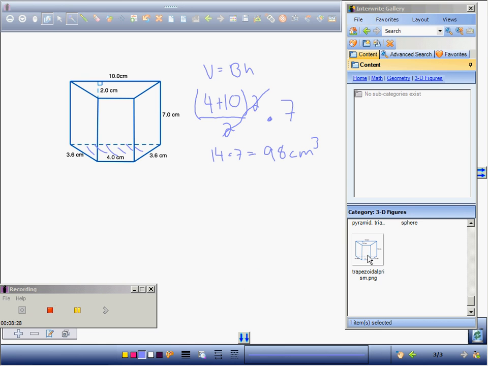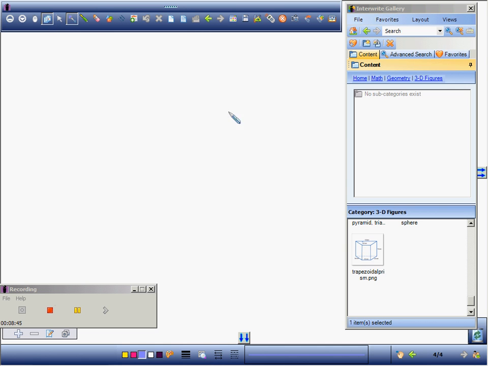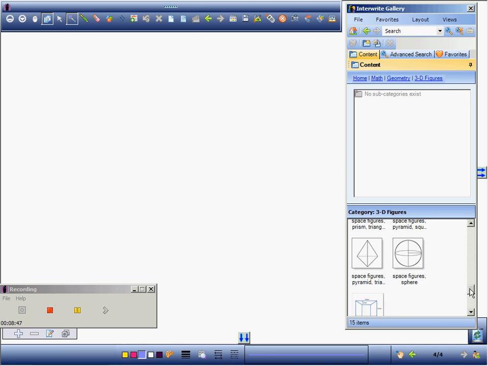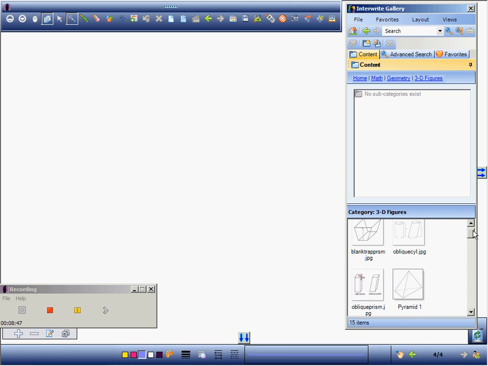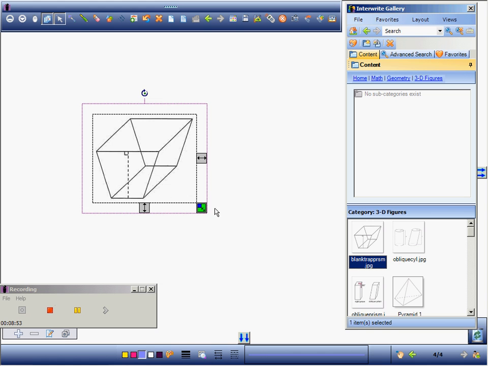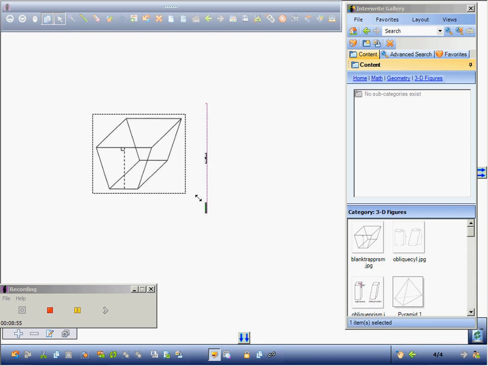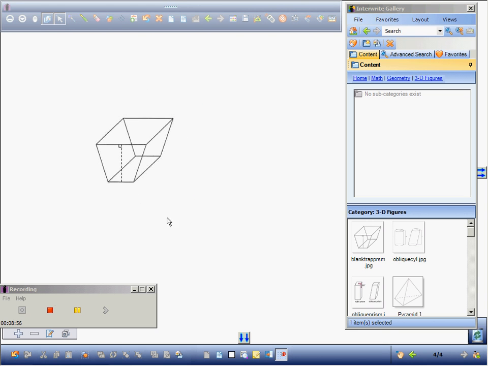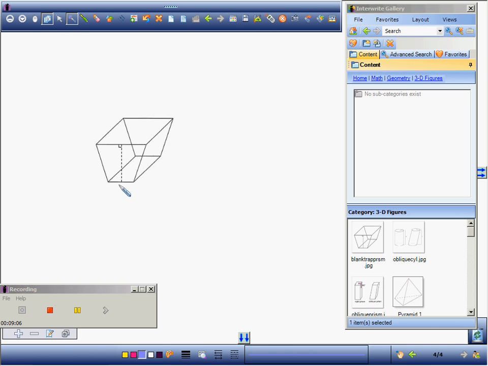So these are the more trickier problems. More trickier? That doesn't sound right. But I'm going to find a different prism over here. This is another trapezoidal based prism. And I'm going to tell you in this case that this side is 6 and this is 8.